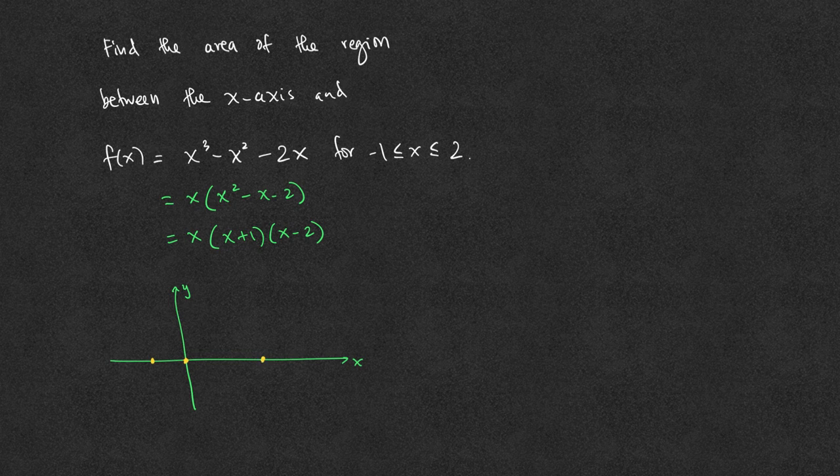This is a cubic function, so we will see that it is increasing, decreasing, and then increasing again. We can simply sketch the graph real quick using the procedure of graphing that we studied in the previous chapter. And this is the graph of f of x.